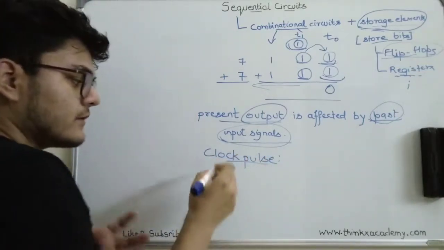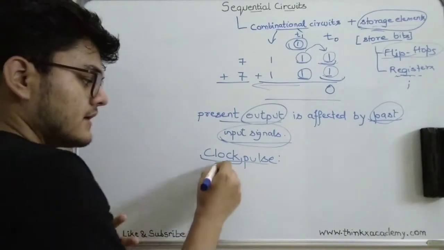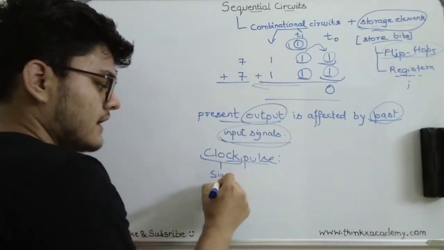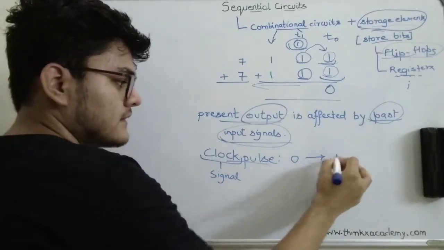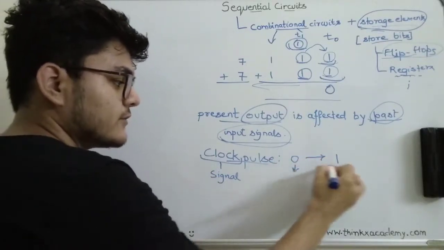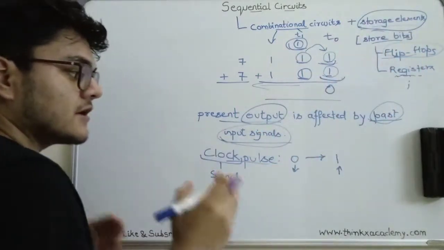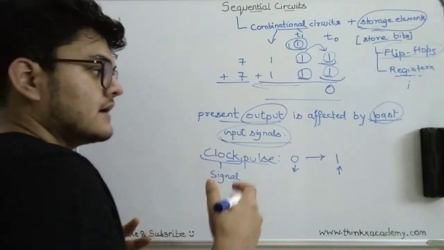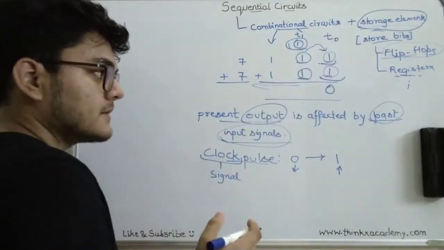So a clock pulse or a clock is basically just a signal. When it goes from 0 to 1, or from a low voltage to a high voltage, it signals the storage elements that now you need to change the data or the bits according to the operation performed.